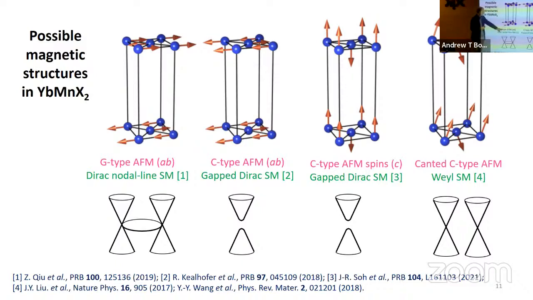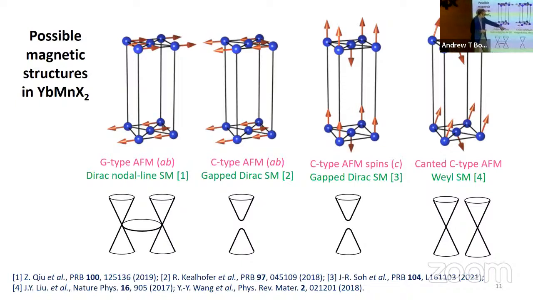This is called a G-type antiferromagnet. And they calculated the band structure, and what they found was what's known as a Dirac nodal line semimetal. In other words, you have these Dirac cones, but the node here actually forms a line in momentum space. So that's what you get from this type of magnetic structure.